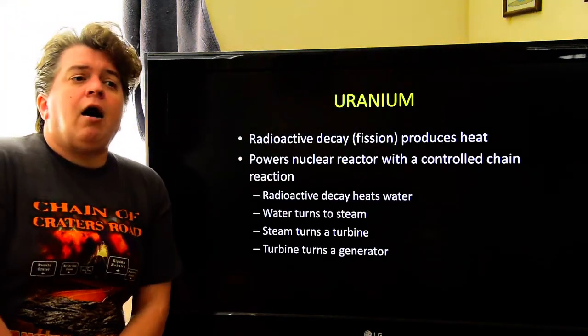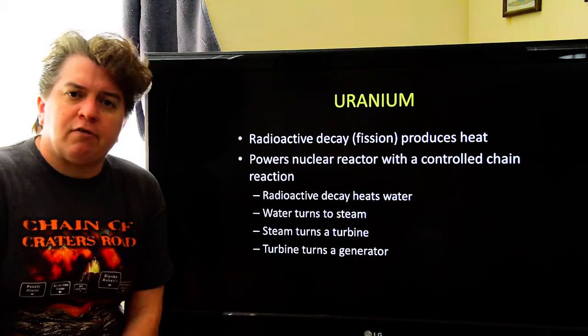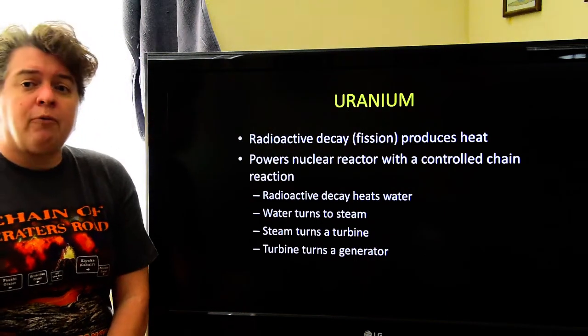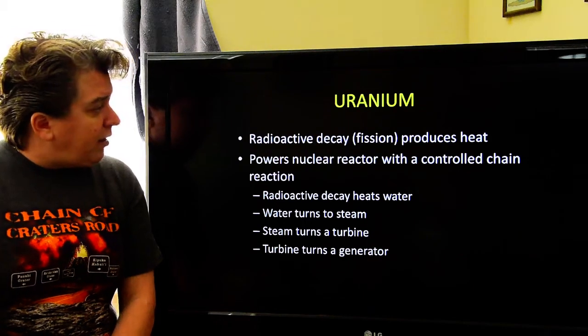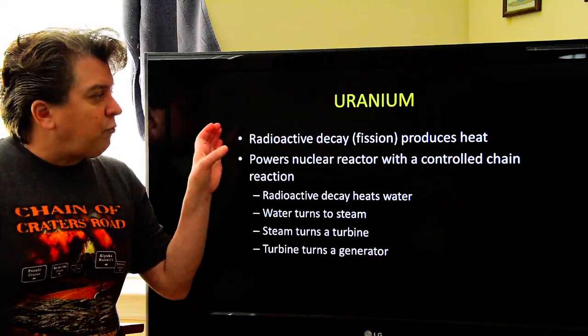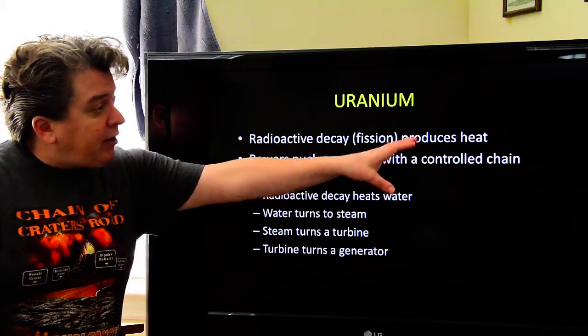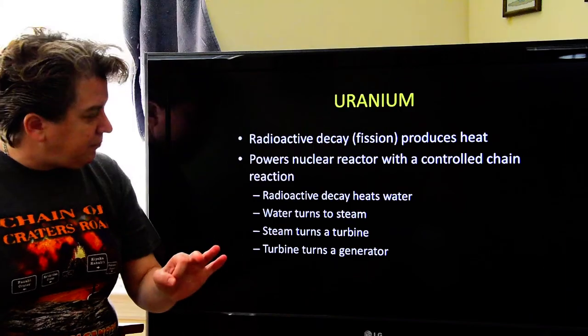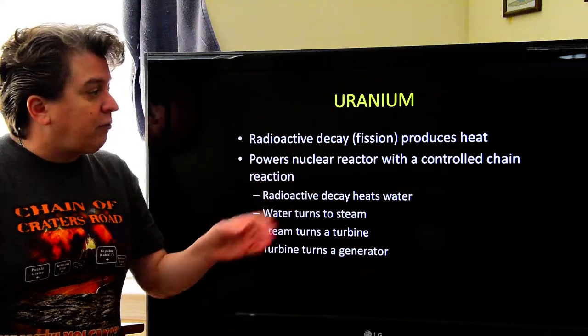All right, another source of energy that's very interesting is uranium. Uranium is a radioactive element, and this radioactive decay, which is fission, of uranium produces heat. This is what is going on in a nuclear reactor.